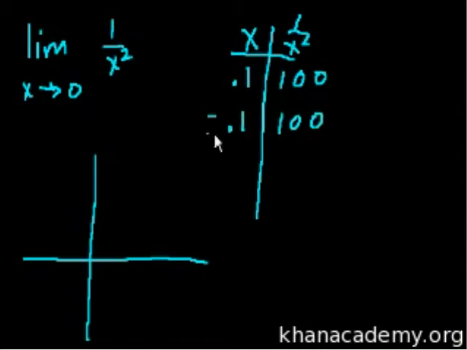So regardless of whether you put a negative or a positive number here, we get a positive value. And similarly, if x is 0.01, you'll get 10,000. And if we put minus 0.01, you'll get positive 10,000 as well.